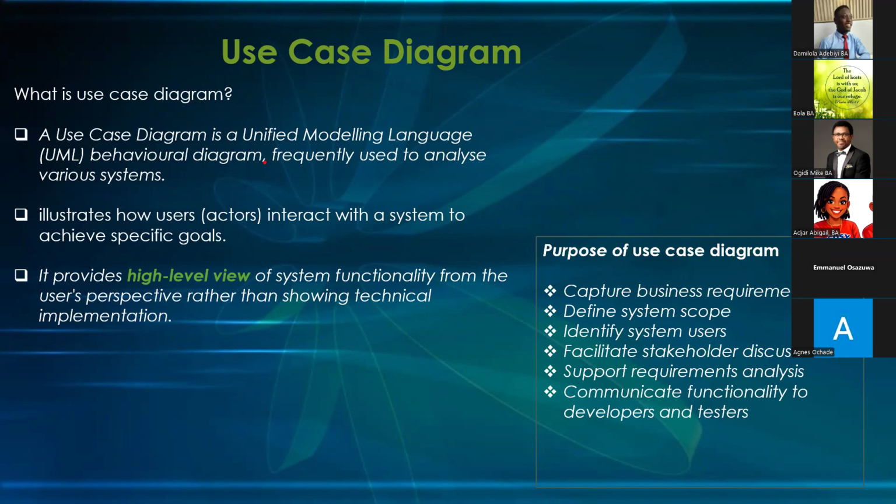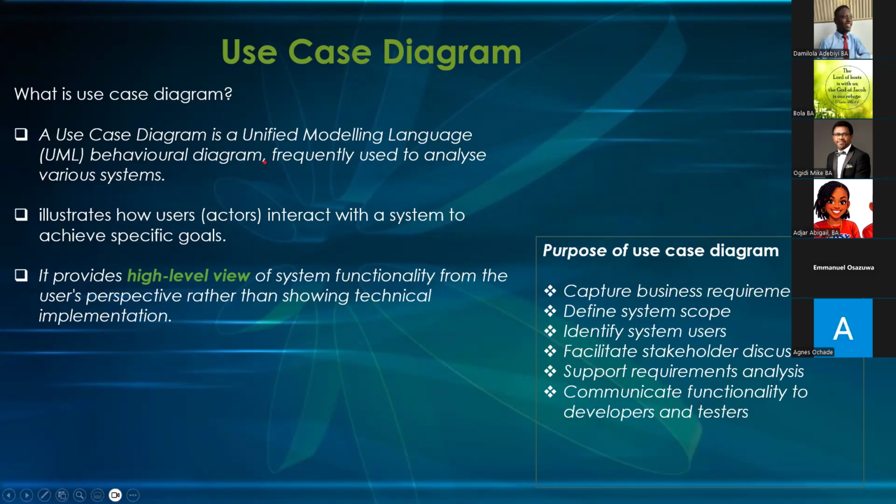You remember we looked at the student loan process system that we're trying to build. Yeah. What are we trying to achieve there? For students to be able to submit the application and get feedback within 48 hours. Yeah. So it helps you to illustrate how the actors interact with the system to achieve a goal.